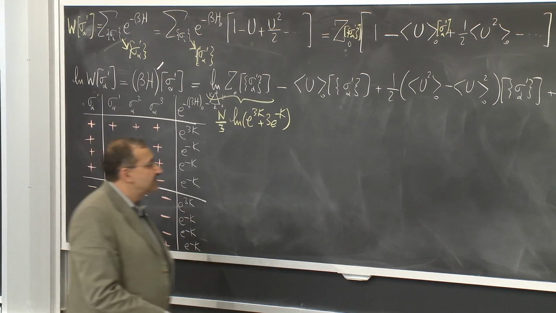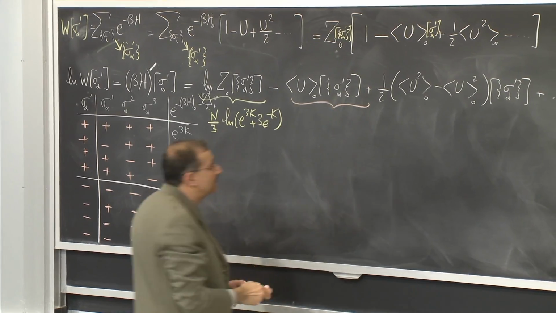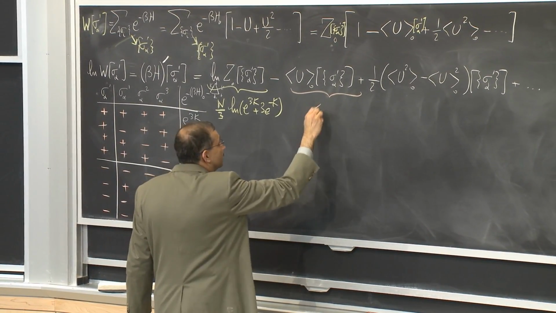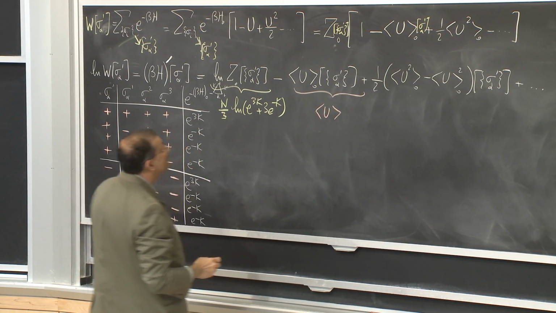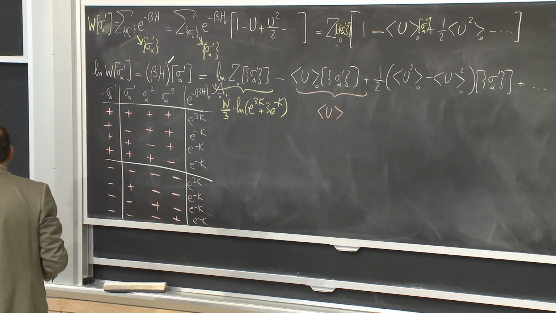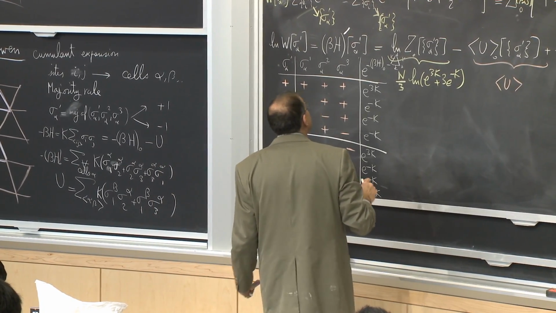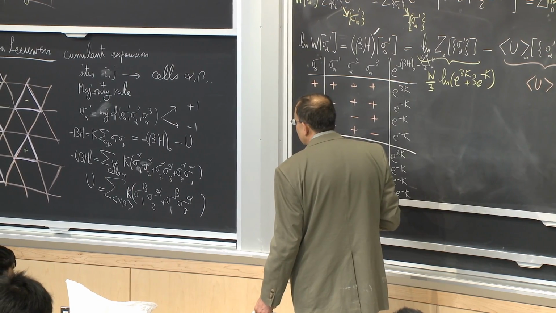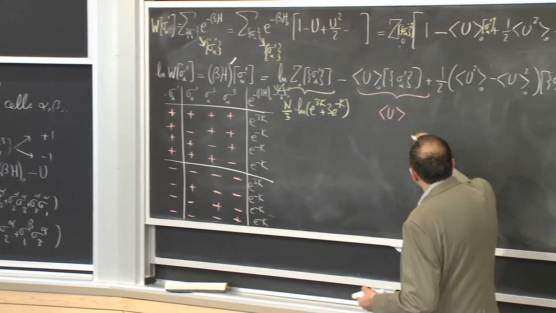Now let's see what this U average is. I made one sign error. I put both of them as minuses, which means that in the notation that I had, no, that's fine. Okay. Minus U0.